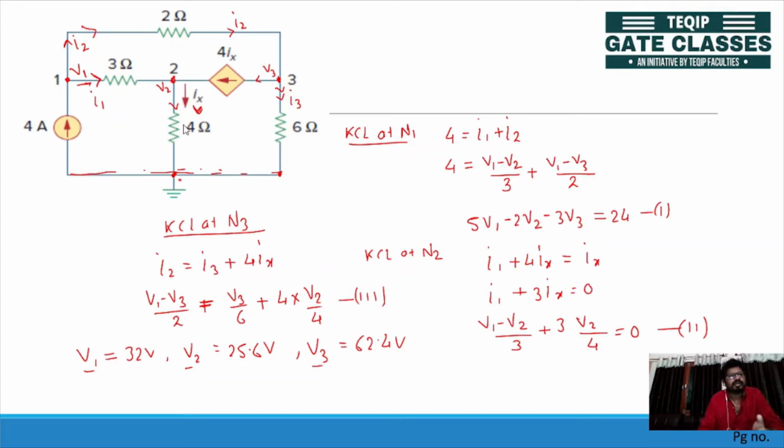So you know the current Ix is V2 by 4. So first find the value of node voltages using nodal analysis, then you can find the current in any branch and the voltage across any branch. So this is a simple method, nodal analysis.